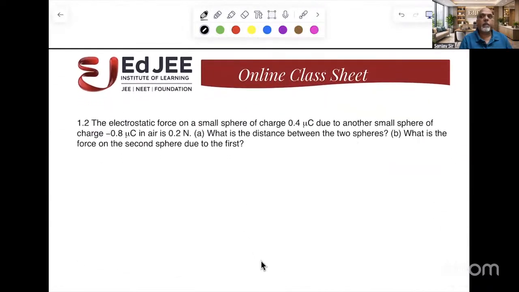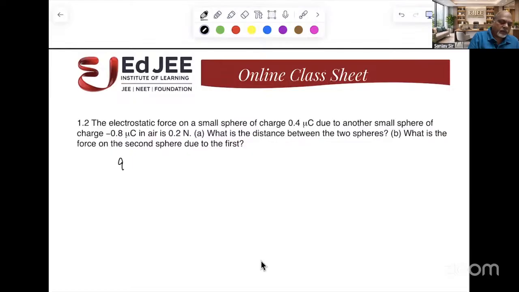This is the second question of the exercise. The electrostatic force on a small sphere of charge 0.4 microcoulomb due to another small sphere of charge -0.8 microcoulomb in air is 0.2 Newton.